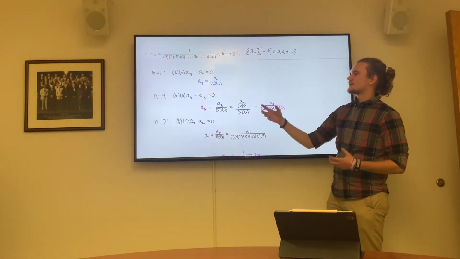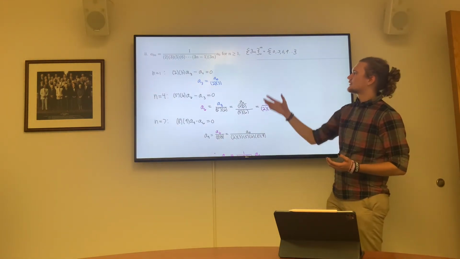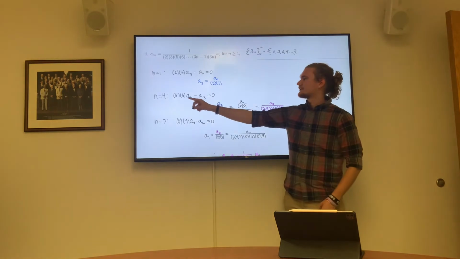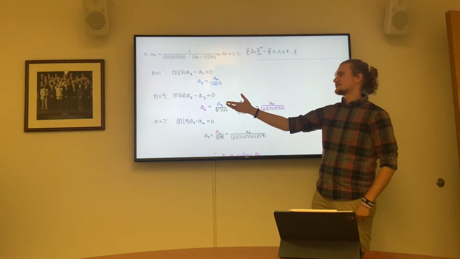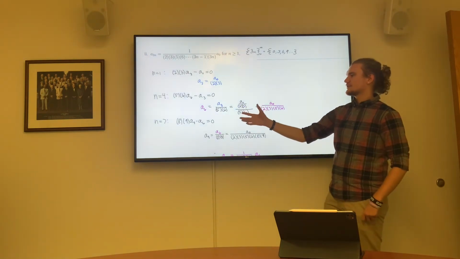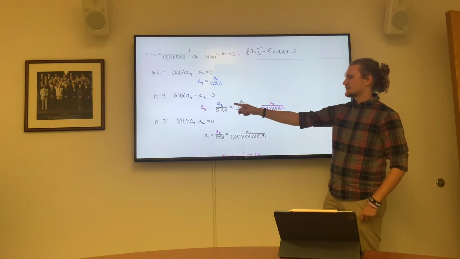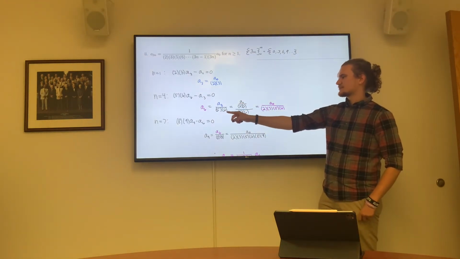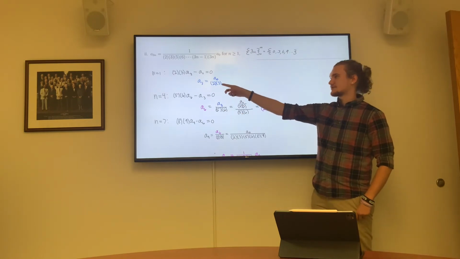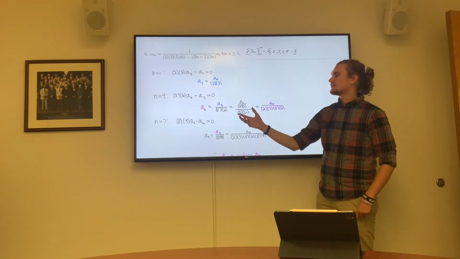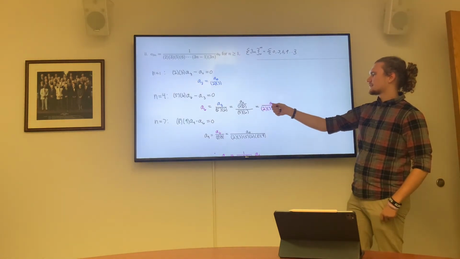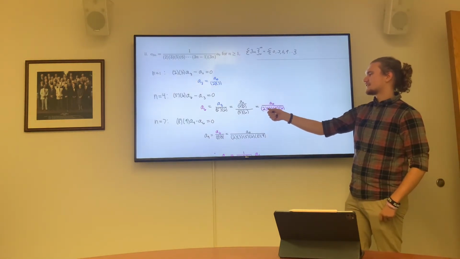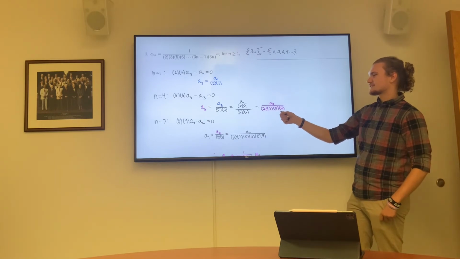Moving on to n equals 4, if we plug that in, we would get 5 times 6 times a6 minus a3 is equal to 0. Then we can rearrange to get a6, which is a3 over 5 times 6. We know what a3 is from the previous one, so if we plug that in, we get a0 over 2 times 3 times 5 times 6.